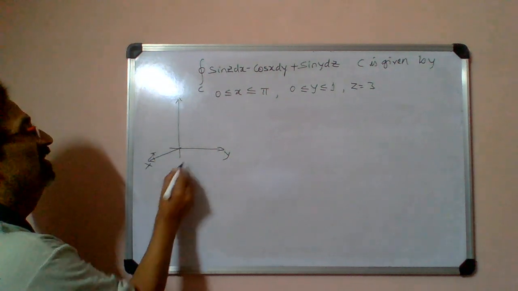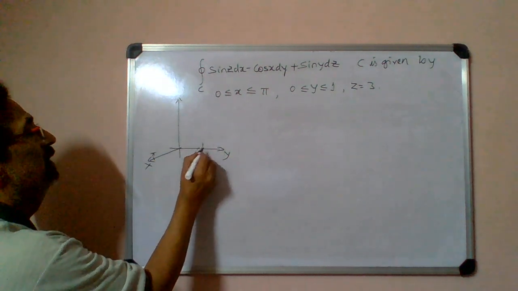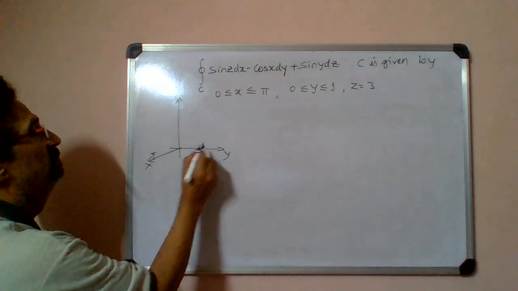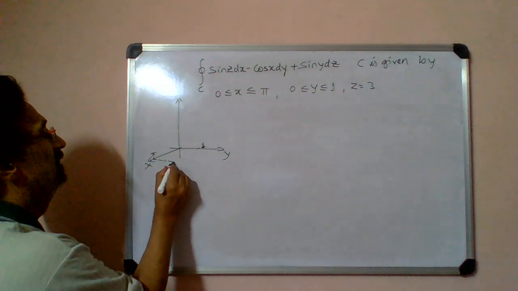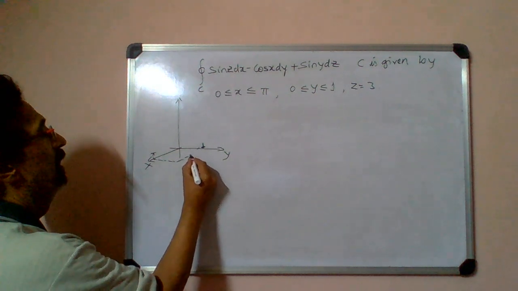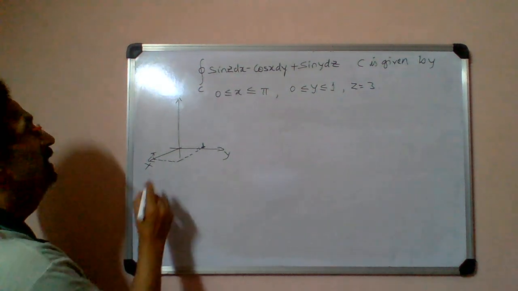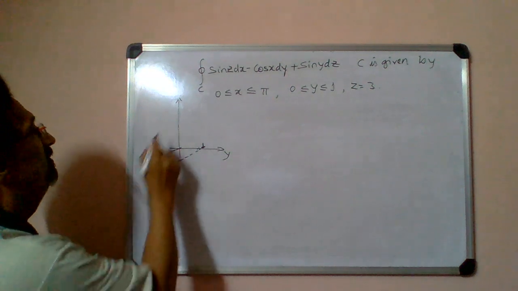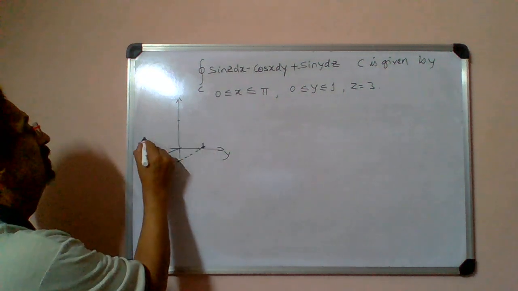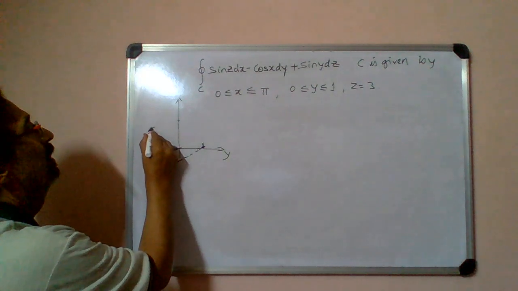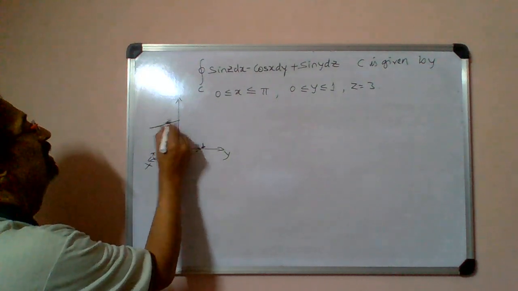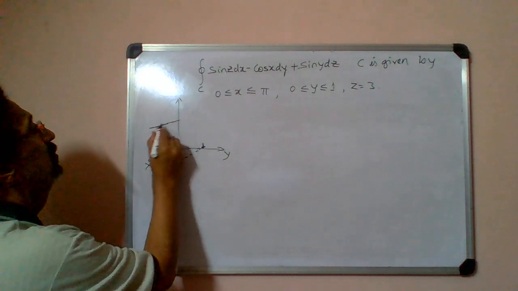I take this as pi, this as 1, the y-intercept as 1. So this will be my surface on the xy plane, but z is 3. Z is 3 means what? Somewhere here. So I have to consider a surface which is on the z is equal to 3 plane.